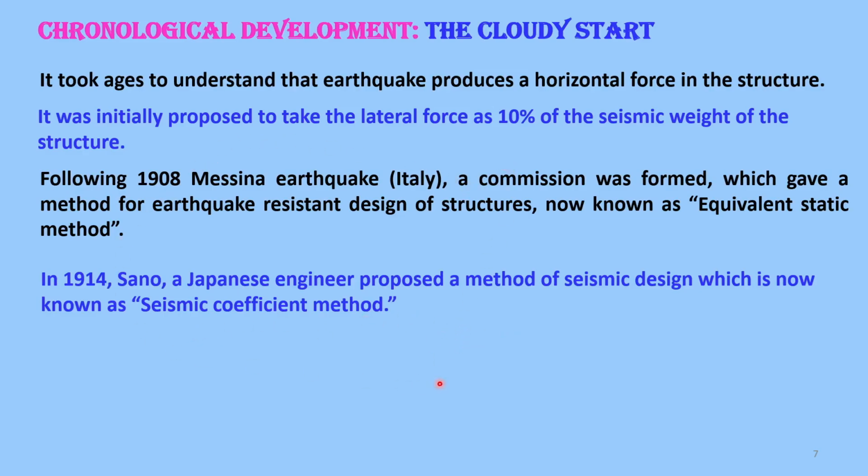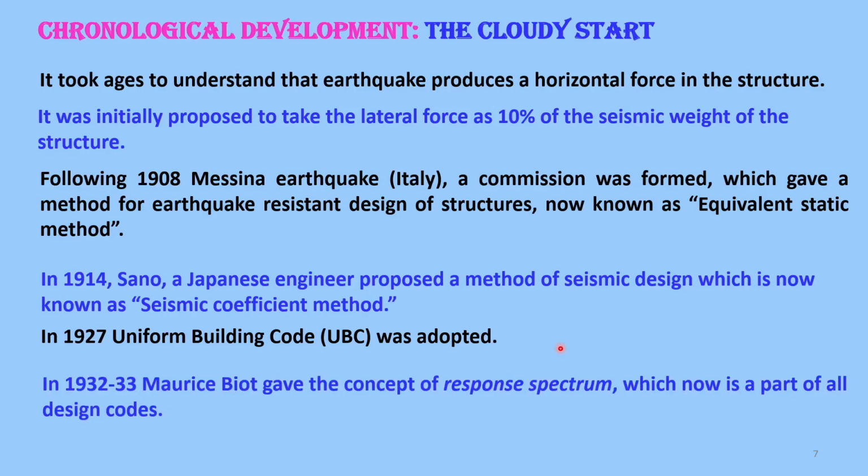So you can see around this time, 1908, 1914, more serious thought was given towards seismic design, and gradually things evolved through research and application. In 1927 the Uniform Building Code was adopted. In 1932-33 Maurice Biot gave the concept of response spectrum, which is now part of all design codes. He gave this concept in his PhD thesis.